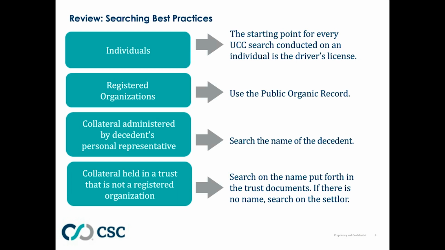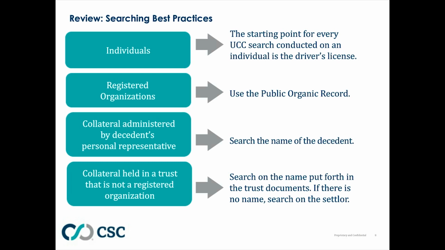And then registered organization, you want to use the public organic record. You find the information in the public organic record, determine that with registered organizations. Collateral administered by decedent's personal representative, you want to search on the name of the decedent. And then lastly, collateral held in a trust that is not a registered organization, you want to search on the name put forth in the trust documents.